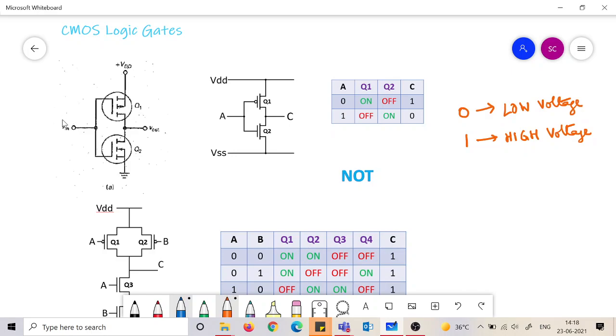Then this Q2 is conducting, this switch is closed, but this Q1 is open now, because this Q1 is PNP, so a high voltage at its gate is making it go to the cutoff region, so it is opening up. So since this is closed, this is open, this ground voltage comes up to this V out. So with a high V in, we have a low V out.